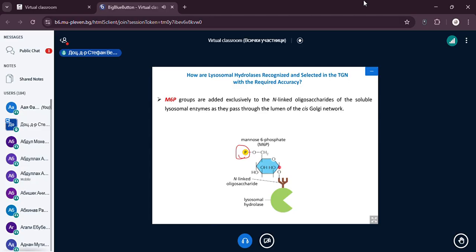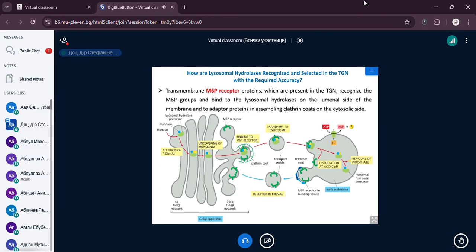The mannose on the oligosaccharide attached to this enzyme in the endoplasmic reticulum is phosphorylated by a special enzyme in the cis Golgi network. And this process is extremely important because it marks lysosomal enzymes. Only marked lysosomal enzymes can later be packaged into primary lysosomes. If this process is prevented for some reason, active lysosomes cannot be formed.